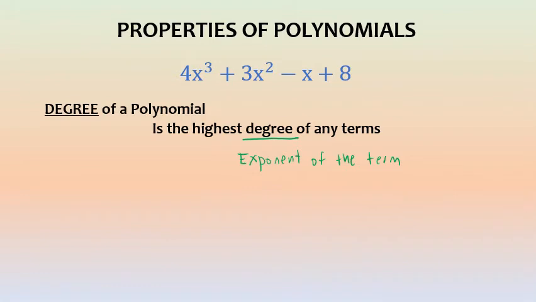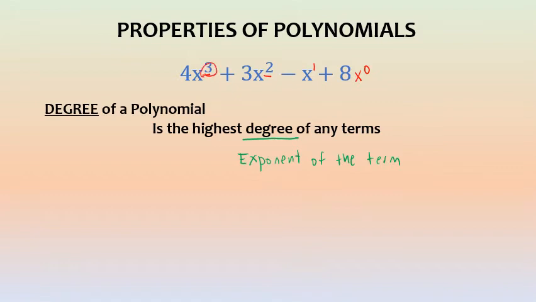So, sa lahat ng terms, ano yung pinakamataas na exponent? In this example, 4x cubed plus 3x squared minus x plus 8. Ano dito yung pinakamataas na exponent? So check natin. We have here 3. We have here 2. And this one, x, its exponent is 1. And our constant, its variable and exponent is x raised to 0. Tama? So among these 3, 2, 1, 0, the highest is 3.